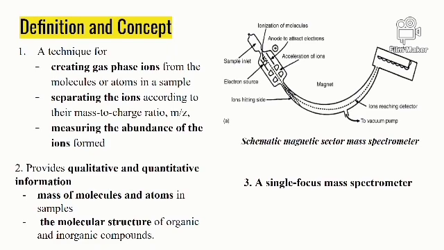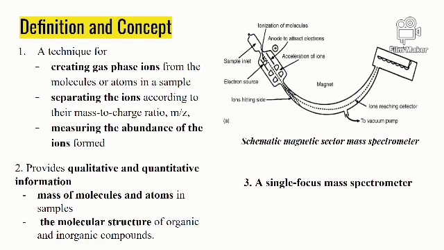Because this is a technique where gas phase ions are created from the molecules or atoms in a sample and then separated according to their mass to charge ratio, m/z, and then the abundance of the ions formed is measured.